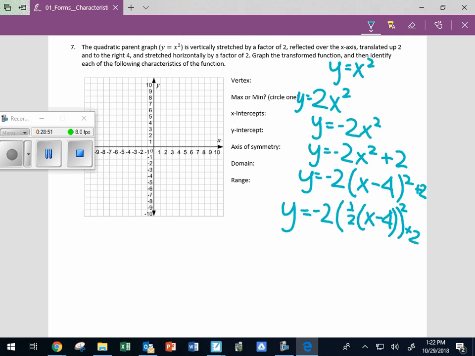From this graph, if you're not quite sure how to draw this freehand, what's a good way to find points on here? XY chart. So make sure that you have an XY chart here. All right, and then if we're translating up 2 and going to the right 4, what's our vertex?